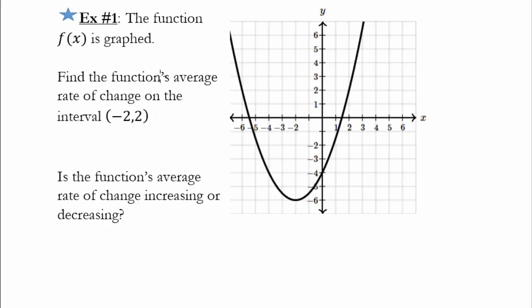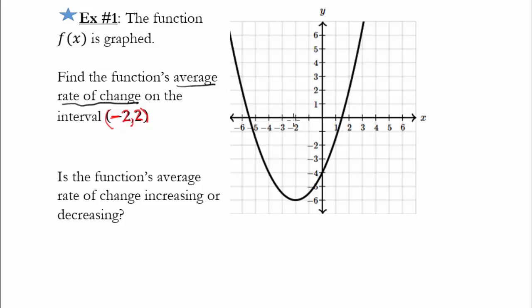Example number 1. The function f of x is graphed to the right. It looks like it's a quadratic function. Find the function's average rate of change, here's the big idea of this video, on the interval -2 to +2. When you're given an interval, we're talking about our x values, from where x equals -2 to where x equals +2. First, let's find those points on the graph of f of x.